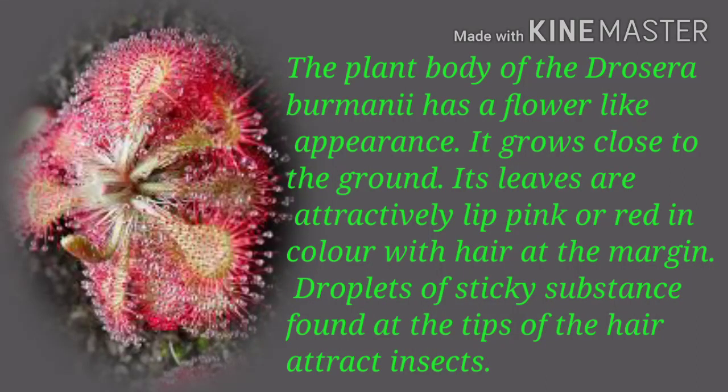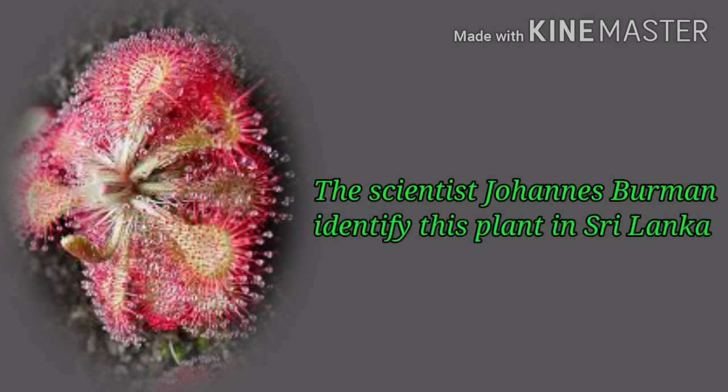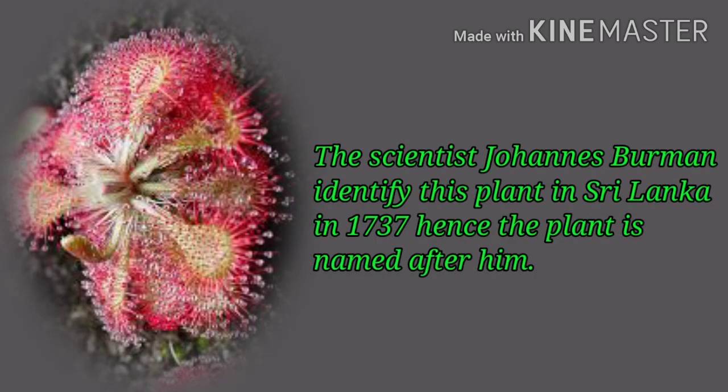Its leaves are attractively pink or red in color, with hairs at the margin. Droplets of a sticky substance found at the tips of the hair attract insects. The scientist Johannes Burman identified this plant in Sri Lanka in 1737. Hence, the plant is named after him.